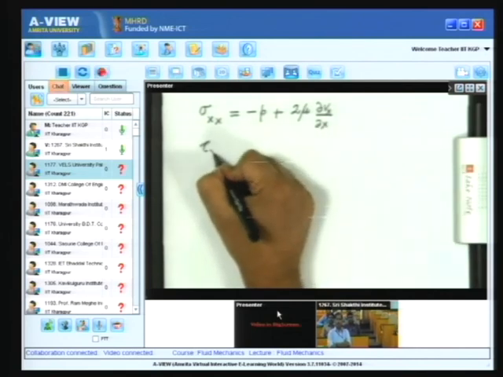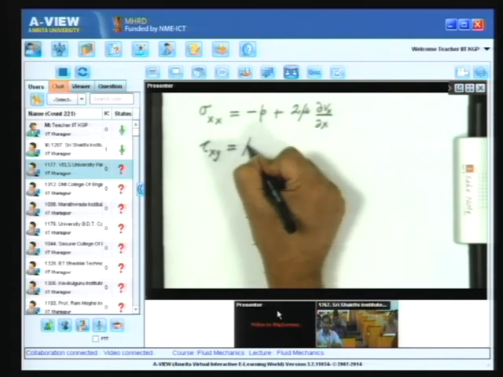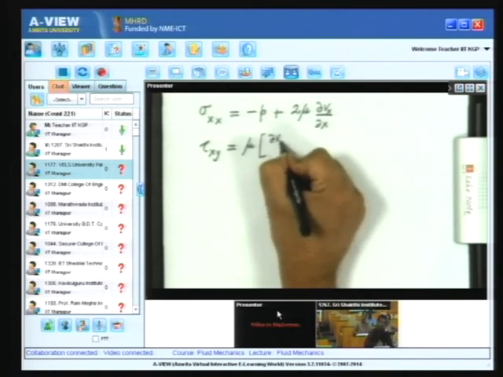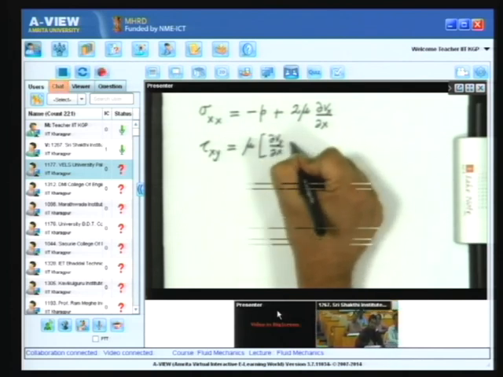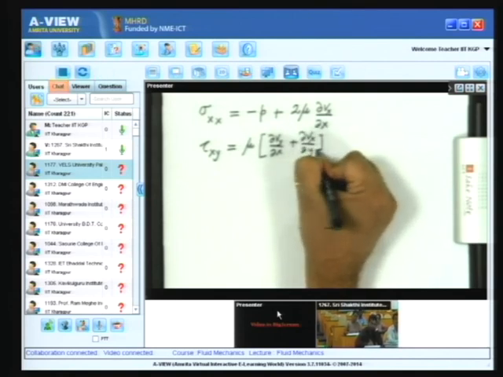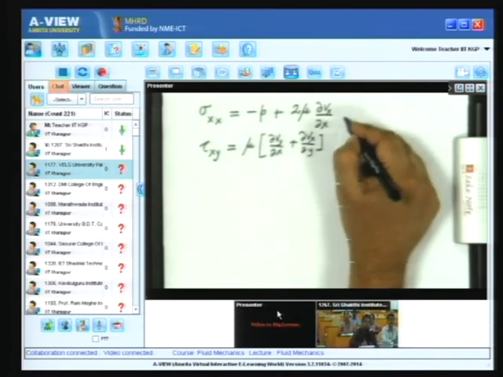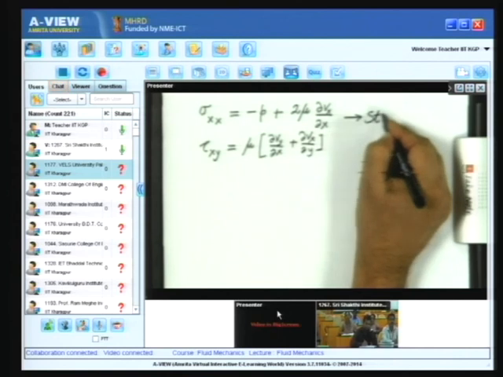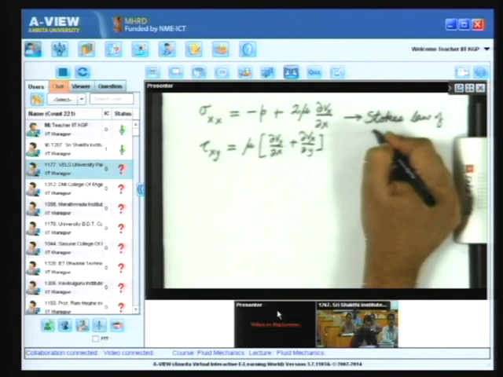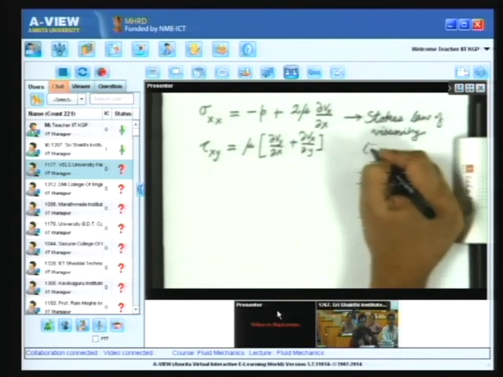And tau xy will be mu into the shear strain rate in the xy plane. So, that will be del Vy by del x plus del Vx by del y. So, this is Stokes law of viscosity, and this is for Newtonian fluids.